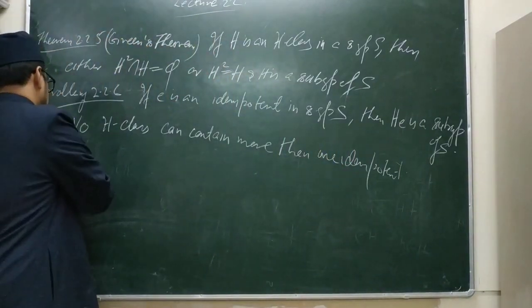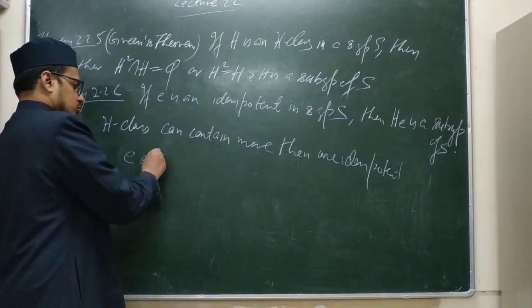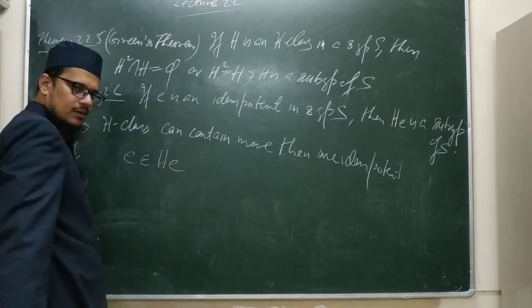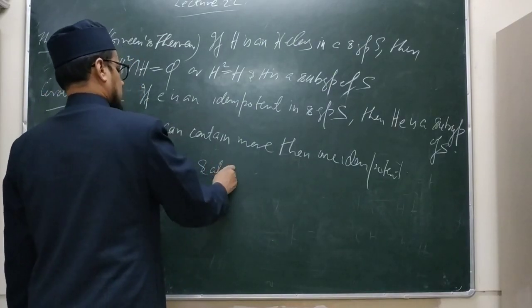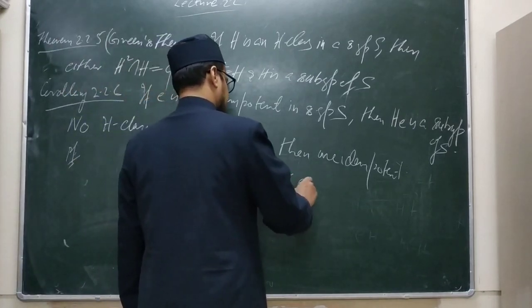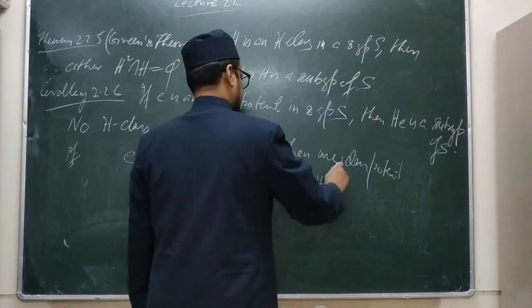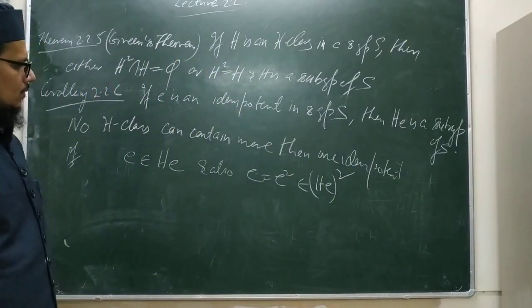Proof. So basically you see E belongs to He, correct? And also E is equal to E square, that belongs to He square, isn't it?